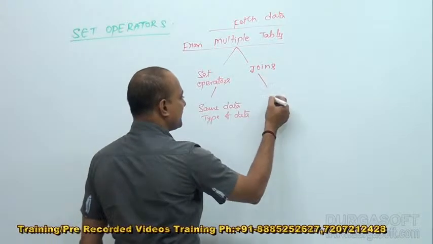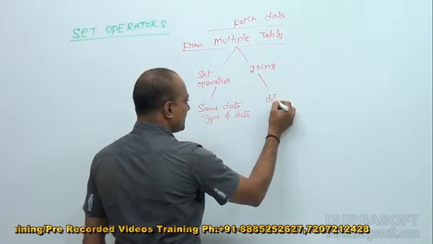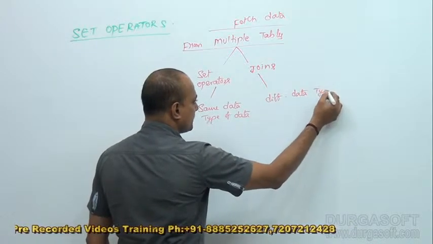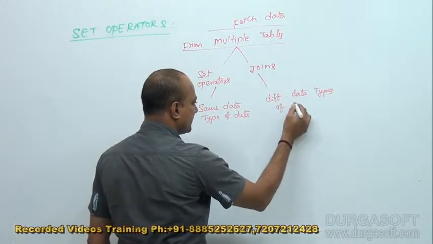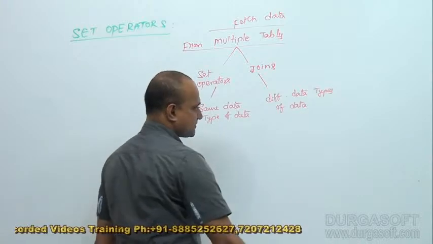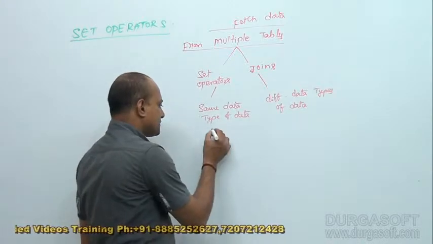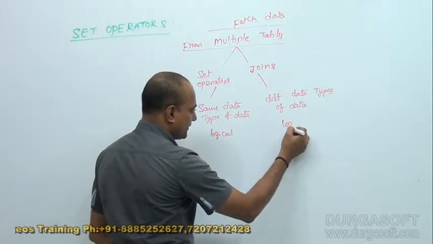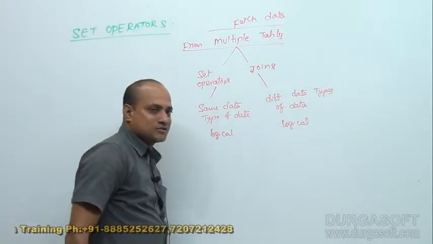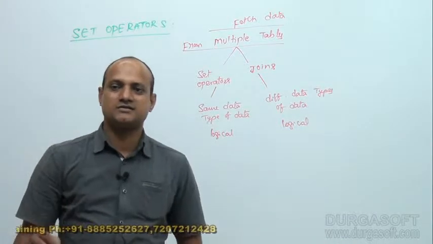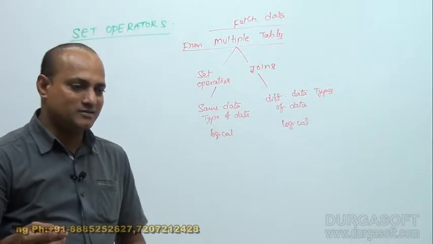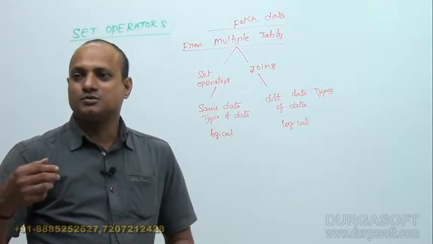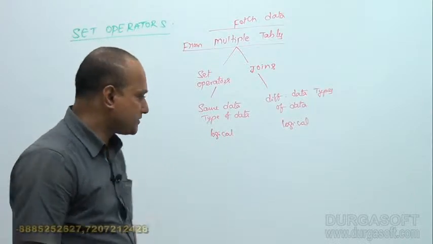Whereas by using joins, you can fetch the same or different data types of data from multiple tables. Any action is logical. Don't expect it to be a physical join. Just according to your requirement, you are fetching data from more than one table and displaying it.